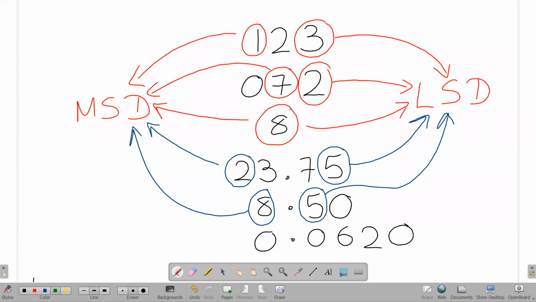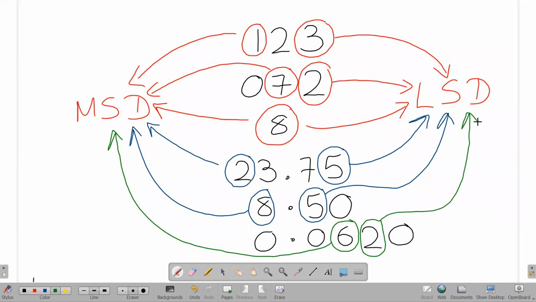Yes, it's going to be like that, Rizwan. So the most significant is 6 because it is the leftmost value which is not a 0, and the least is going to be the rightmost value which is not a 0. I think you have a clear idea about what the most significant digit and the least significant digit are.